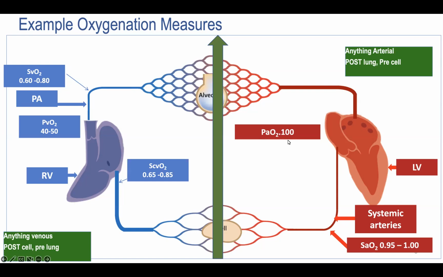post-lung, pre-cell. Now, the purpose of our blood flow is to exquisitely transfer into the capillaries. Capillaries surround the cells, and as long as they are close, cells should be able to extract or utilize or consume the available oxygen. And as soon as that PaO2 drops, we're going to release oxygen from our hemoglobin.